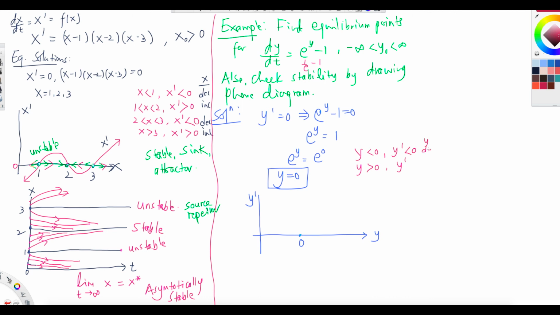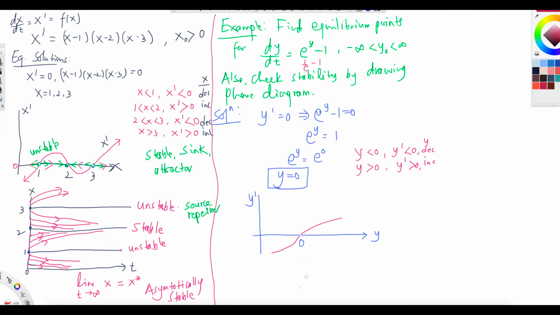How about y greater than 0? Let's say y equals 1. If you take y equals 1, e to the 1 minus 1 is positive, because e is 2.71. So y prime positive means y is increasing. So y prime is negative on the left and positive on the right of 0. At 0, y prime is 0. We know that already.